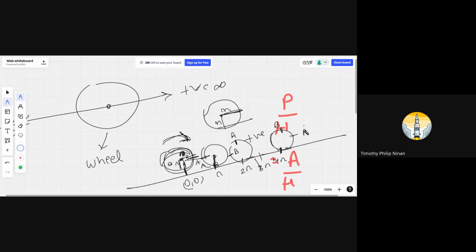This is the first rotation, second rotation, third rotation, and the fourth rotation. By the fourth rotation, A is back on the floor and B is over here. So as we can see, we're wrapping every number on itself.